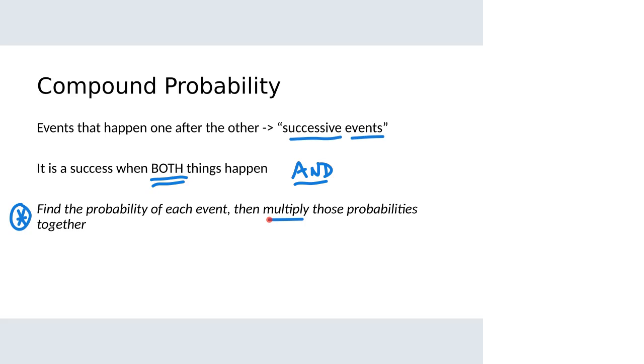So just like we did with the fundamental principle of counting when we said find a number of choices for each stage and then multiply those together, now when we're going to have successive events, one after the other, we're going to find the probability of the first event, find the probability of the second event, and then multiply those together to get our compound probability. Let me know if you have any questions on that before we take a look at one.